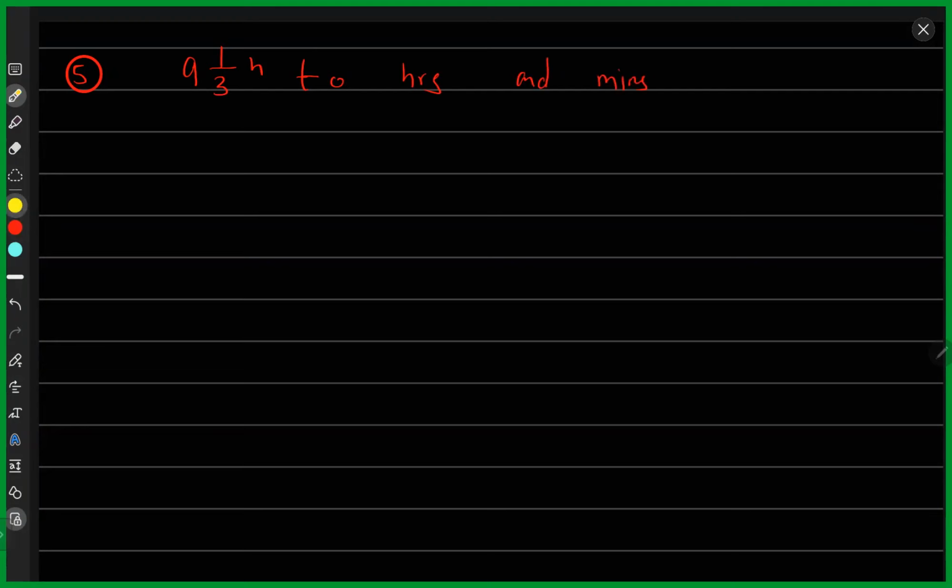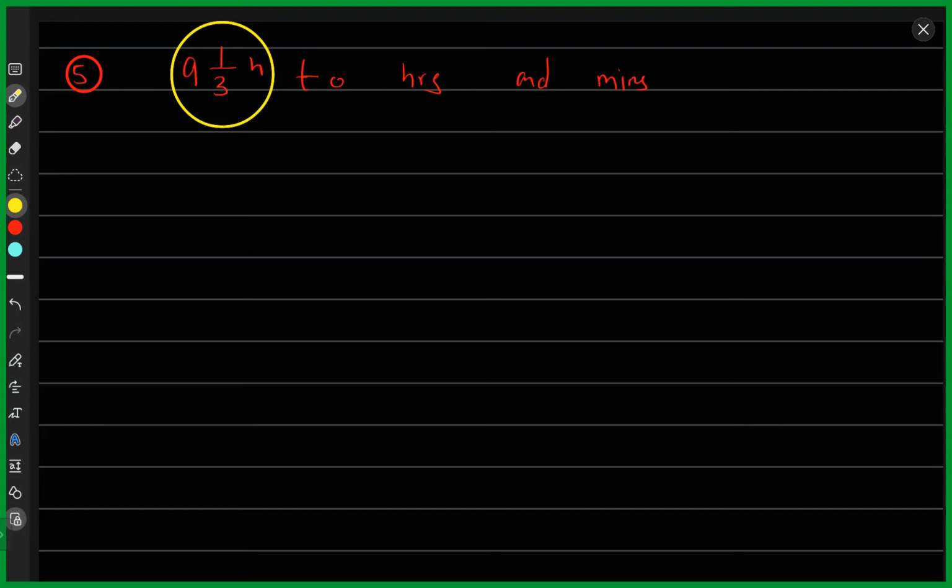So the idea is again the same. Out of this 9 whole 1/3, now you have two methods. Either you can just convert it to decimal numbers, but that would be more complicated. The better approach is that we have 9 whole 1/3. So it would be 9 point something something.